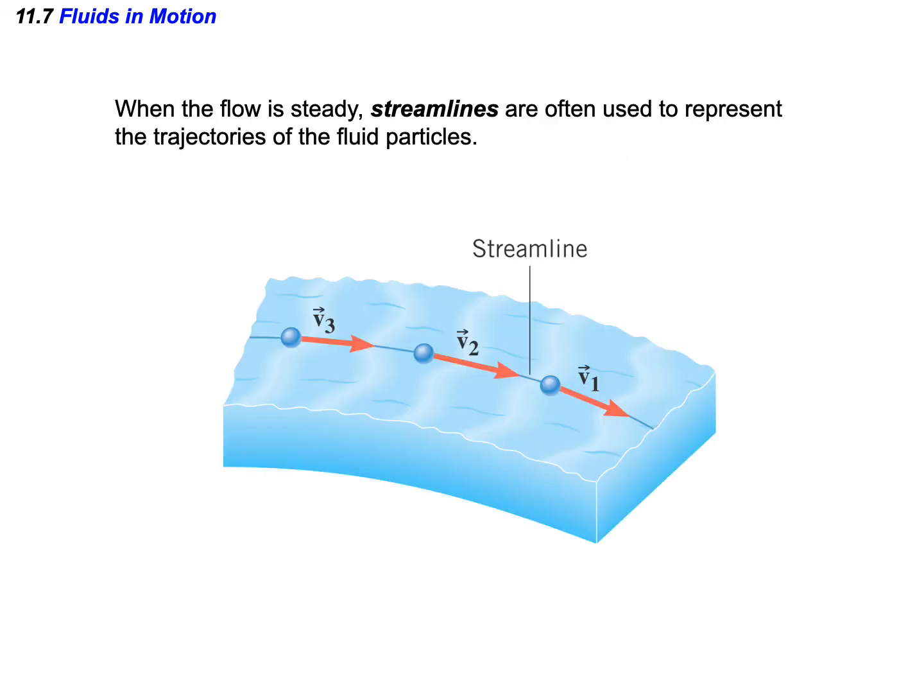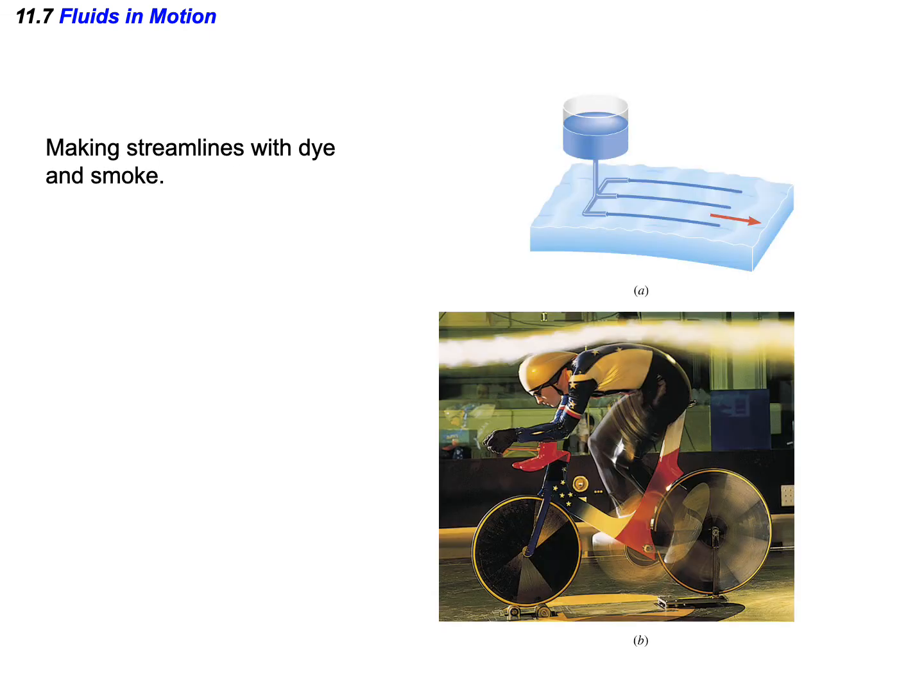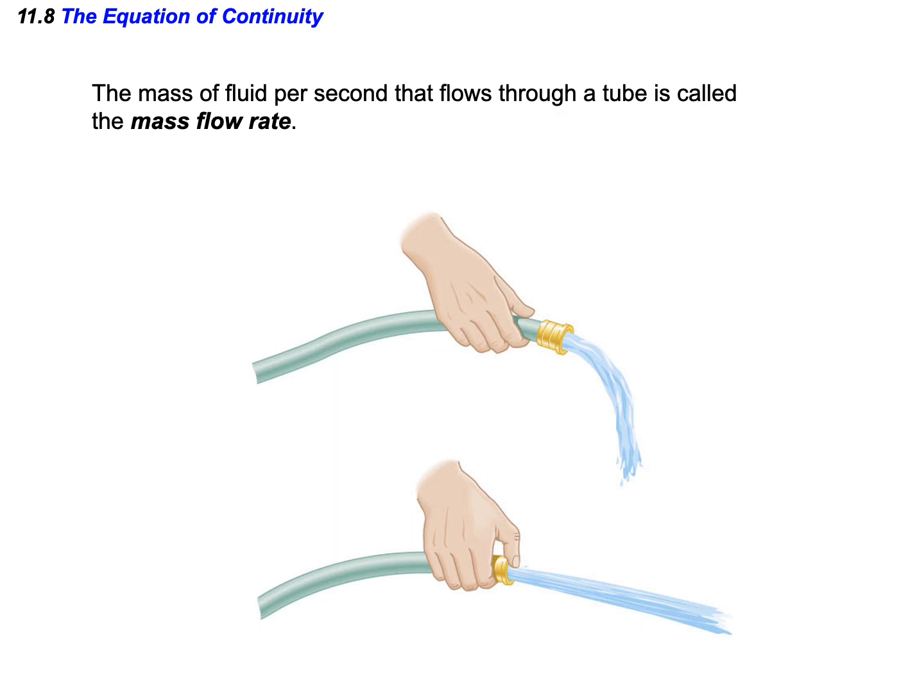So we talk about steady flow. In steady flow, the fluid particles maintain the same velocity, and we can use lines like this, streamlines, to show the trajectory of the fluid particles. If the motion is steady, the velocities are the same, and we can use lines to represent a streamline or steady flow. Next, the mass flow rate.